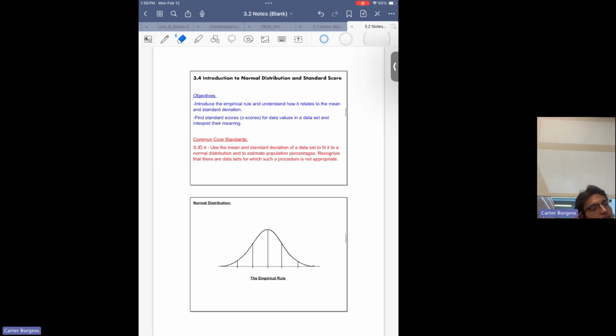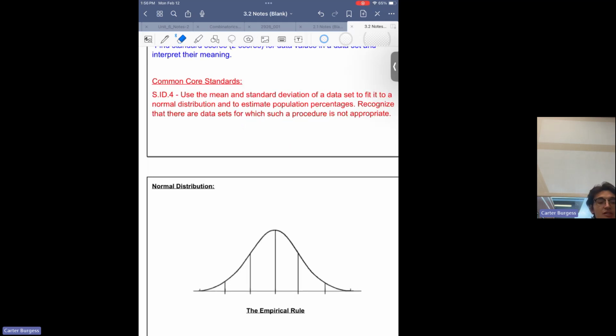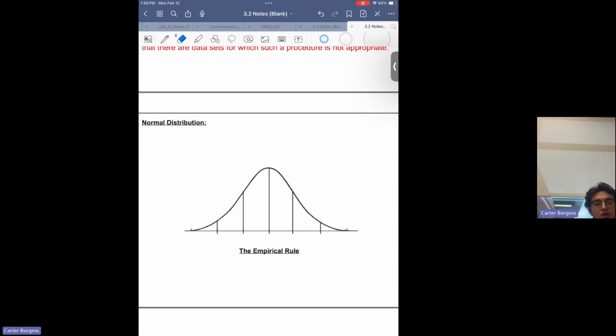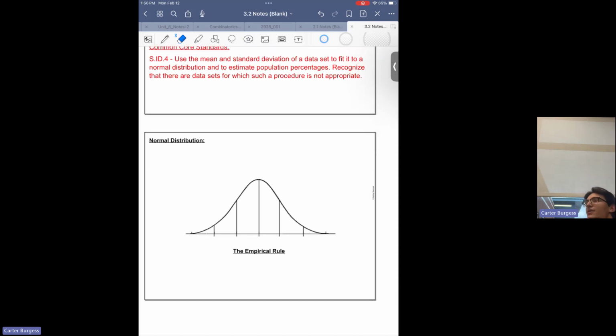So what we are going to be focusing on here is a specific type of distribution called the normal distribution. This is a fairly spectacular distribution. I mean, it's the most basic cookie cutter distribution, but it is also, I think, one of the most impressive that you can get.